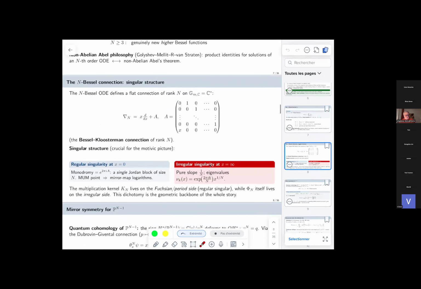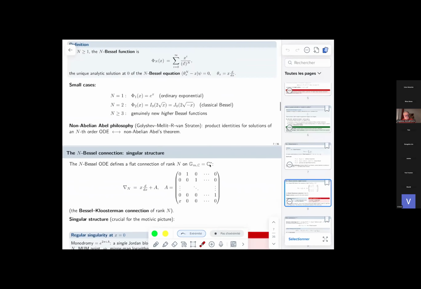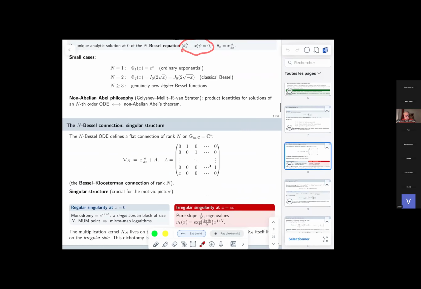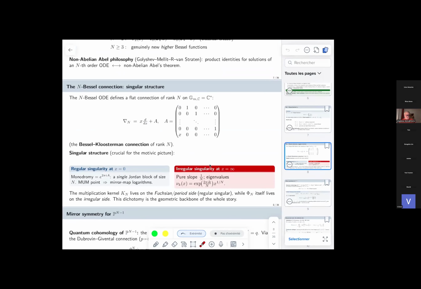Okay, if we take this n-th order Bessel equation, we can associate with it in the usual way some flat connection of rank n with a matrix in Frobenius type. And this connection people call the Bessel-Kloosterman connection of rank n.